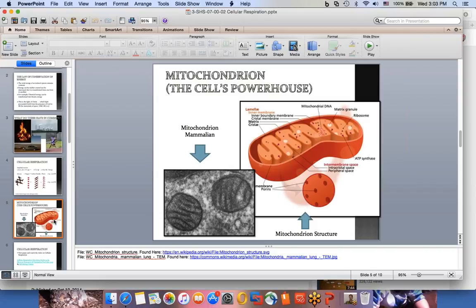In prokaryote cells, because they don't have mitochondria, this process happens between the cell membrane and the cell wall. That is one of the reasons why prokaryotes have to have a cell wall, so they can have this intermediate space between the membrane and the wall to do the electron transport chain.